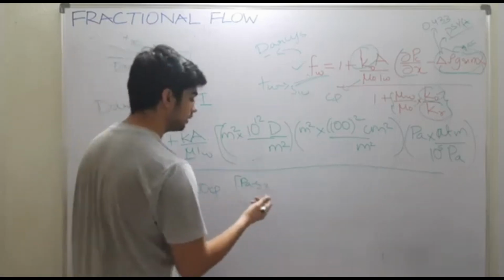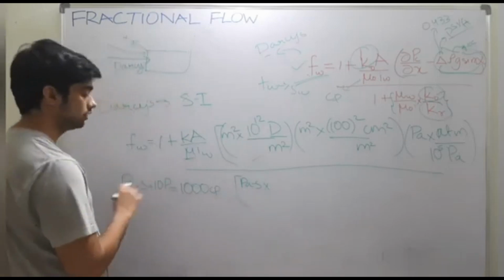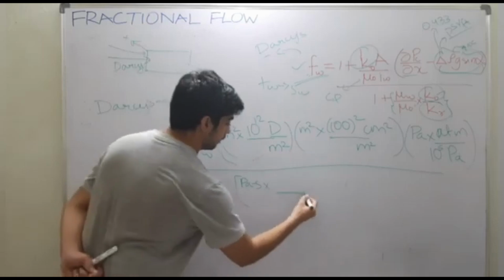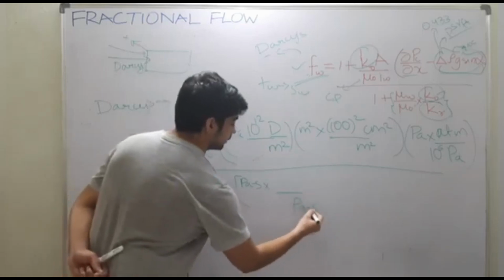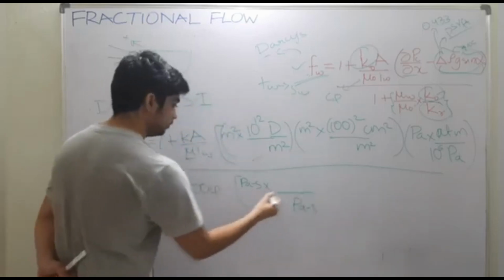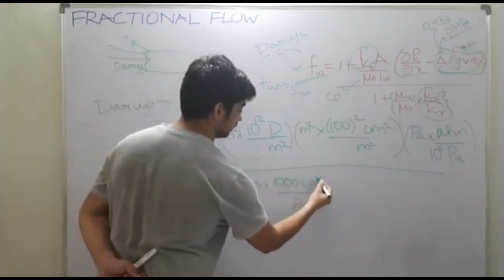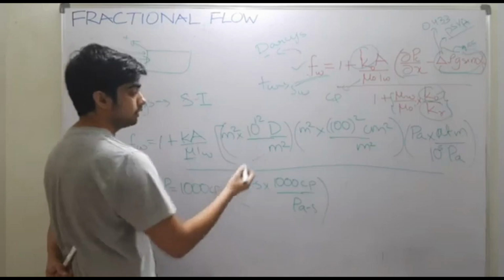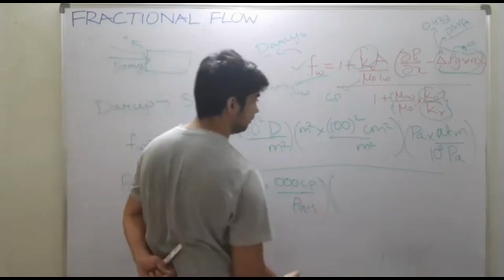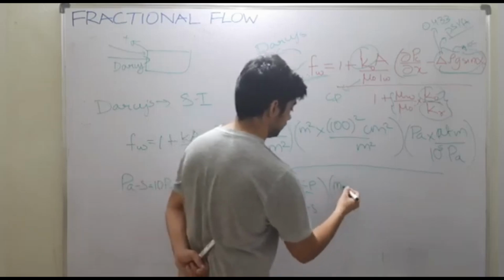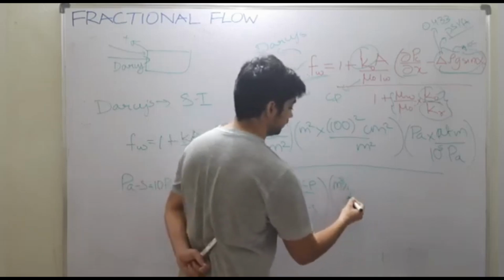I think they'll take a dedicated lecture on unit conversion maybe in a later phase. So centipoise will get converted to Pascal second. And next we have meter cube per second.